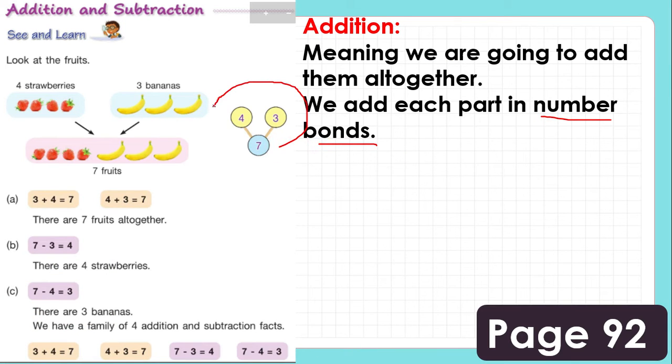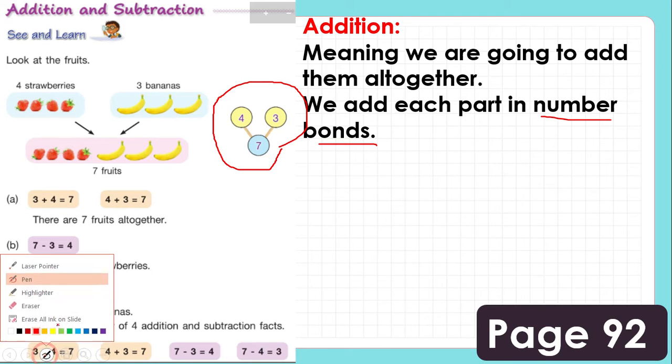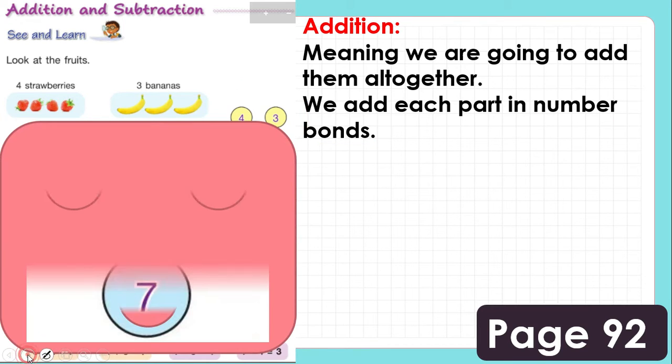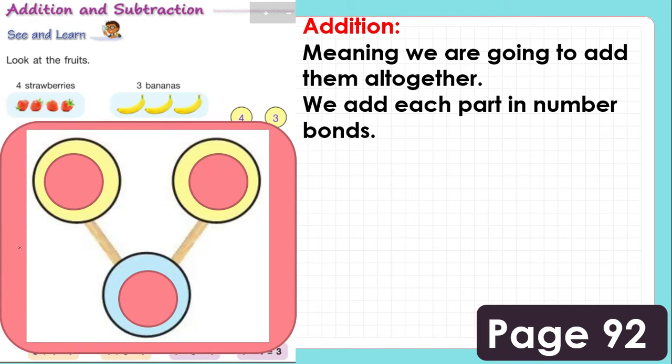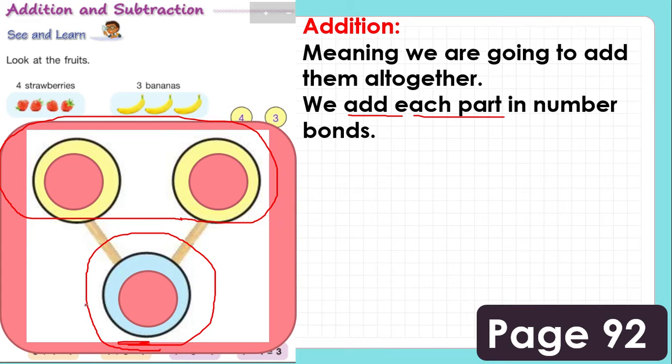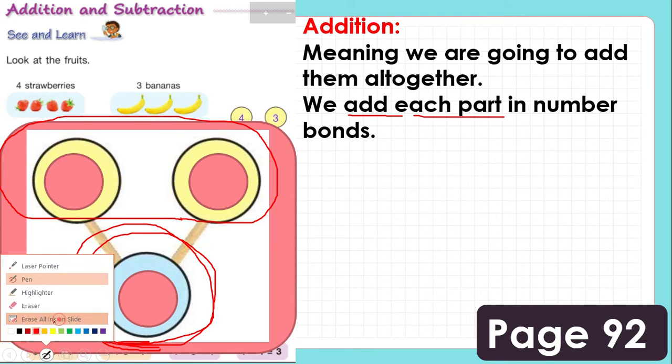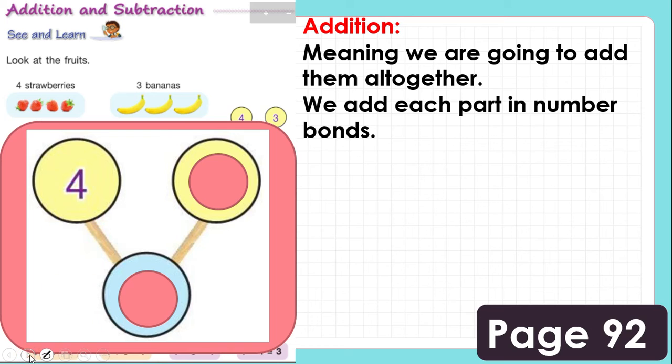So we add each part in a number bond. This is your number bond. Let's take a closer look. It says here we need to add each part. These are the parts, part A and part B, and the blue one is the whole number. First, you need to get the other part.